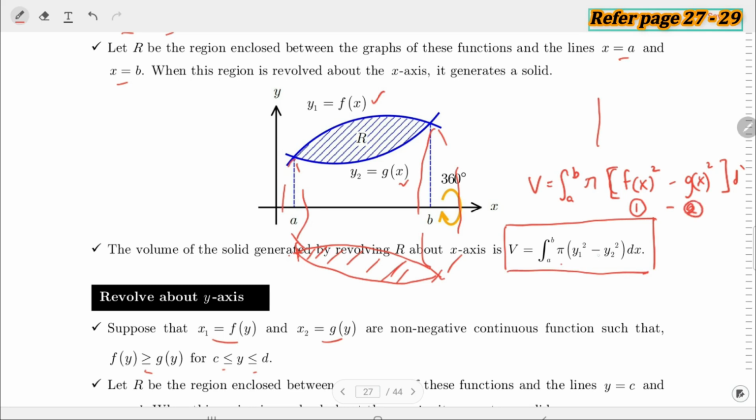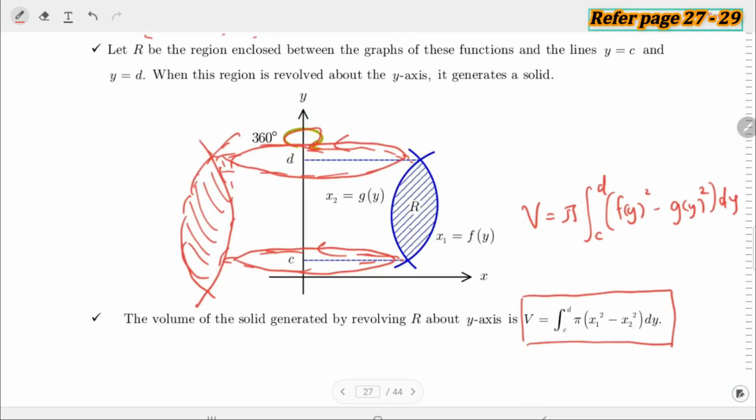The same thing happens if you imagine I put this region below the x-axis. We choose the curve which is far from the x-axis, and then we subtract the curve which is nearer to the x-axis.